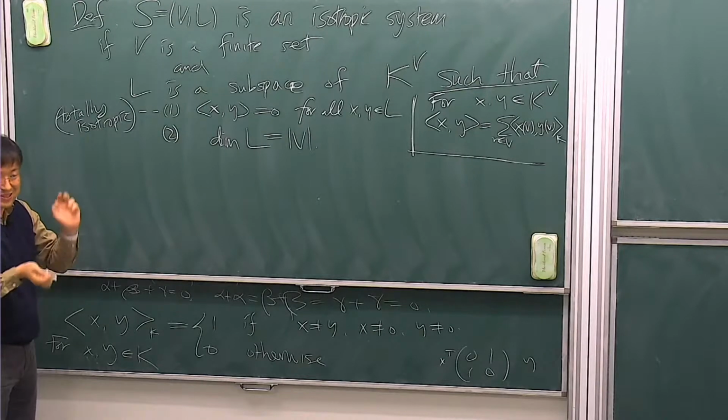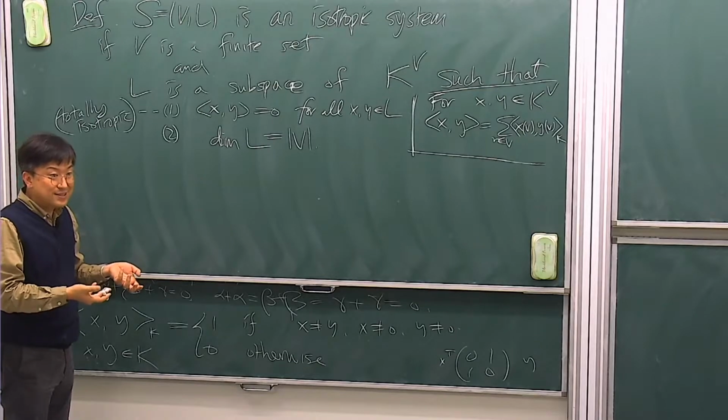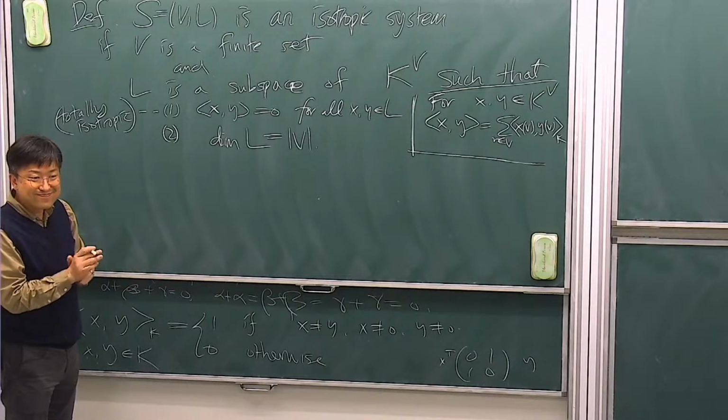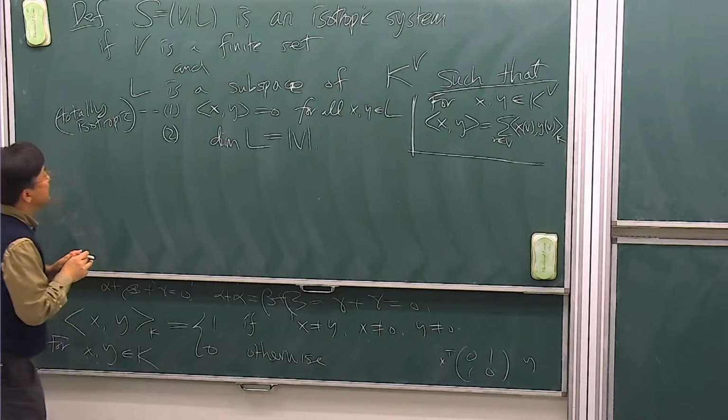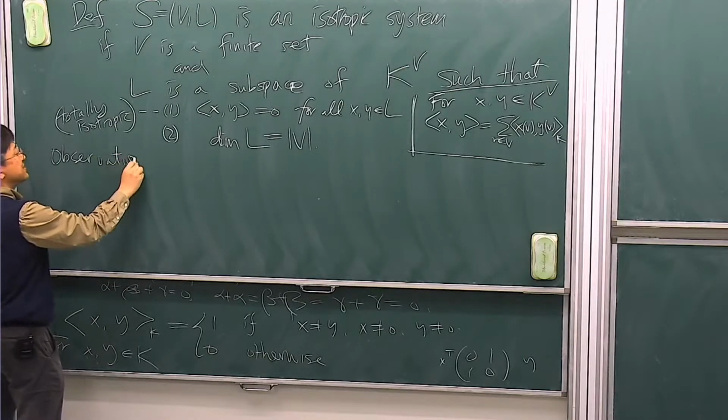So it's just a pair of a finite set and a totally isotropic subspace of K to the V with a certain dimension. And here are some observations. Why is this dimension interesting?